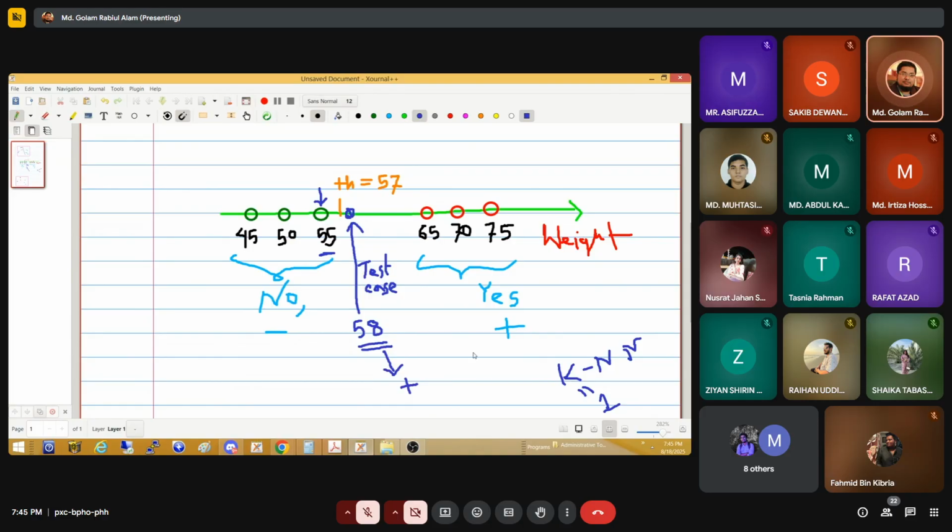So if we apply the KNN, or k nearest neighbor, to explain the answer, then our explanation will be wrong. That means it will not justify that these people have obesity. So it will fail to explain the result.